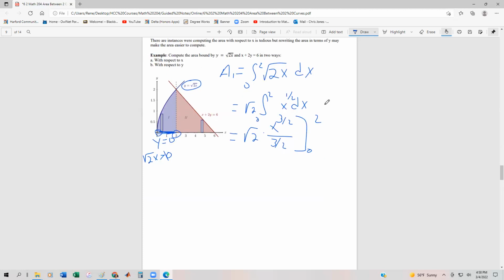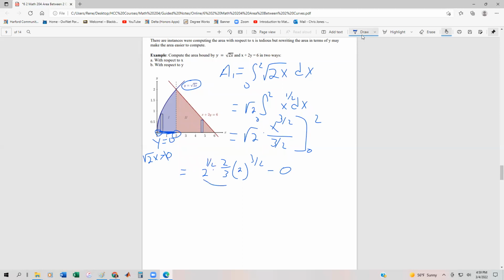And so when we substitute, this is going to turn into the square root of 2 times 2/3 times 2 to the 3/2. And if we substitute 0 back in, we're just going to get 0 to the 3/2, which is 0. All right, so technically it'll be minus 0. All right, now check this out. When we simplify this, we could certainly use a calculator, but we know that the square root of 2 is really 2 to the 1/2.